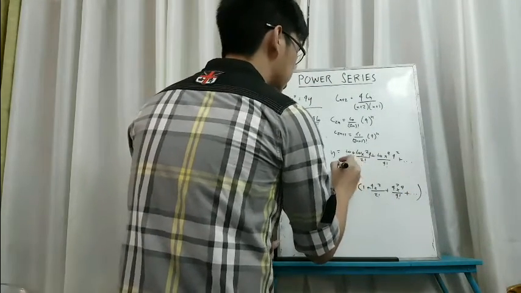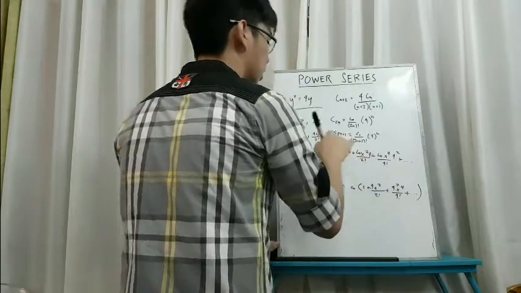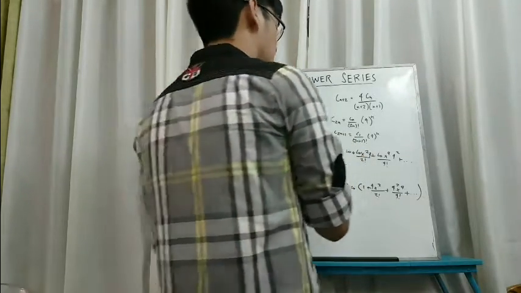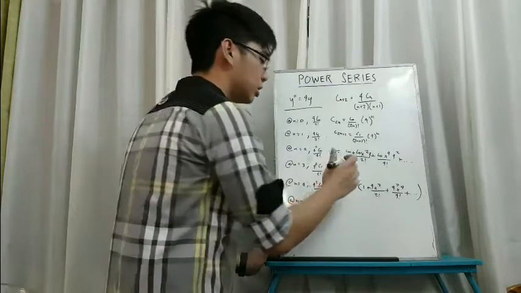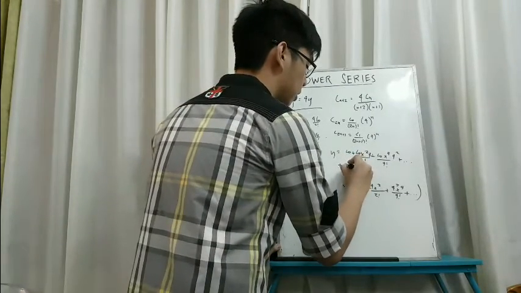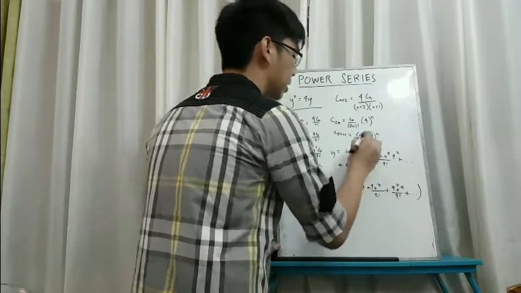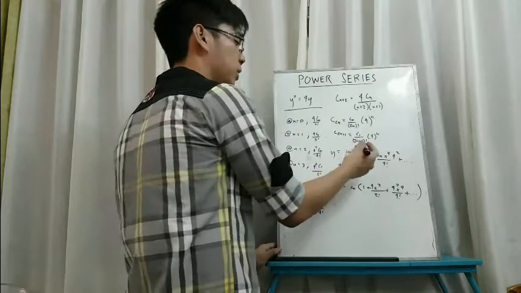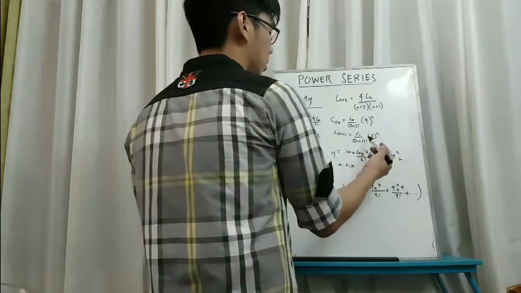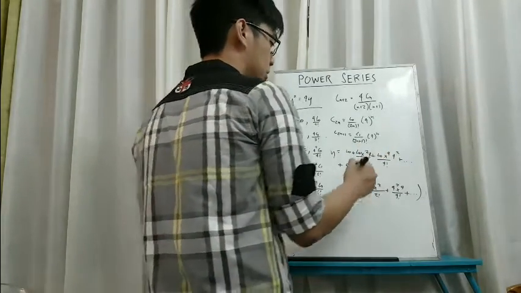So for the next one, for the odd terms, at n is equal to 0, this will be C1. So C1 has x there all over 2n plus 1, which should be 1 factorial times 4 raised to 0 is 1.